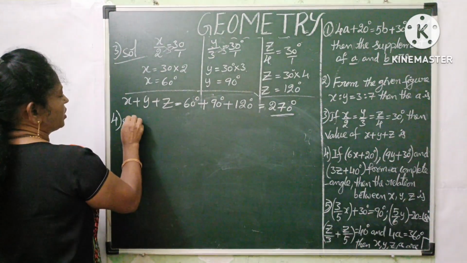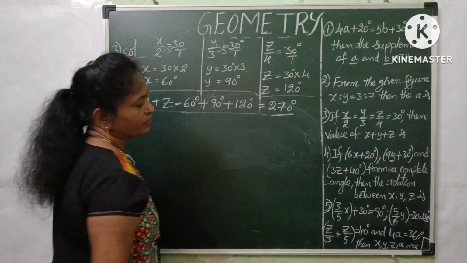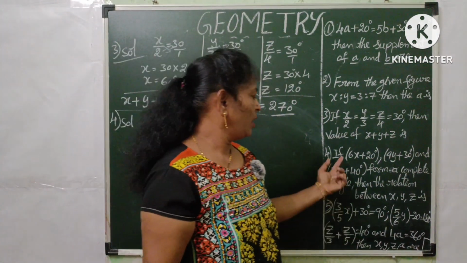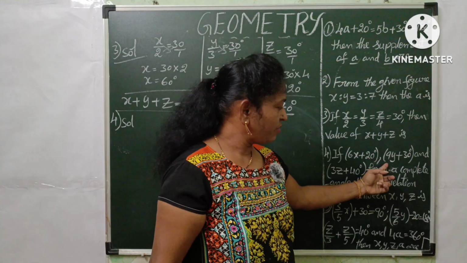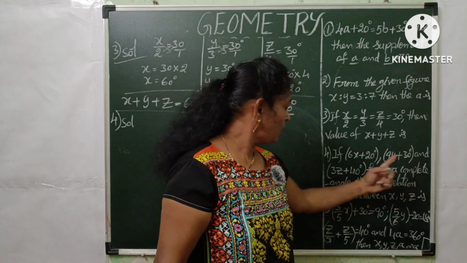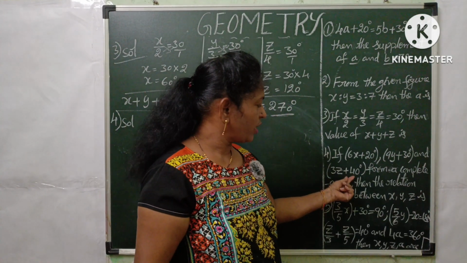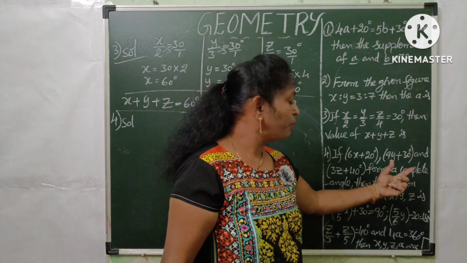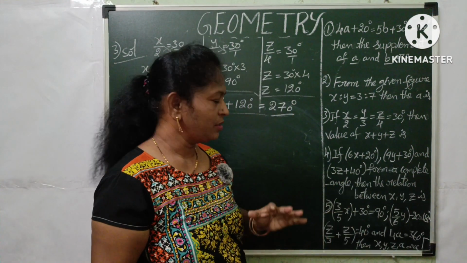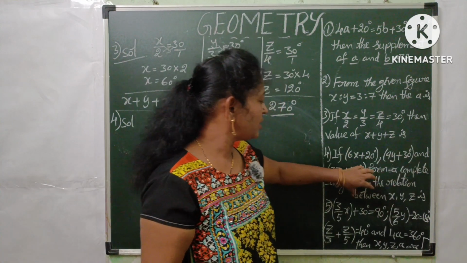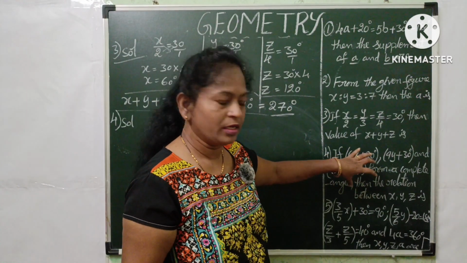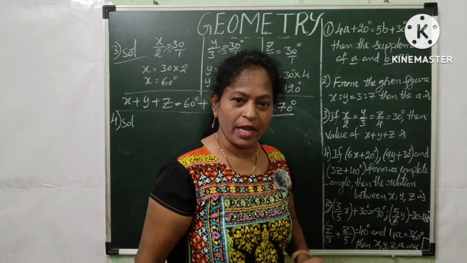Fourth one, solution. What is the question here? If 6x plus 20 degrees, 9y plus 30 degrees and 3z plus 40 degrees form a complete angle. What is the question? This is one expression, this is one expression and this is one expression as the angles forming a complete angle.